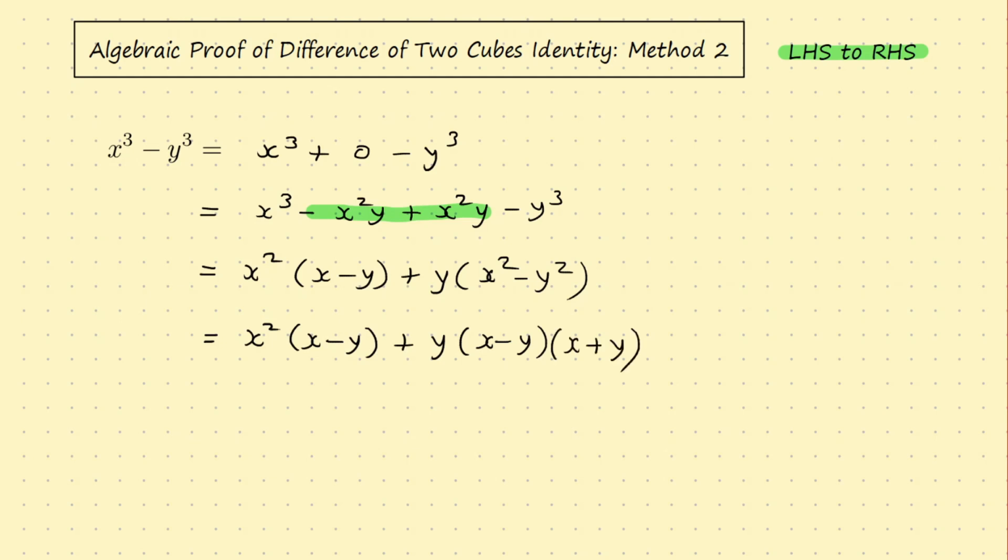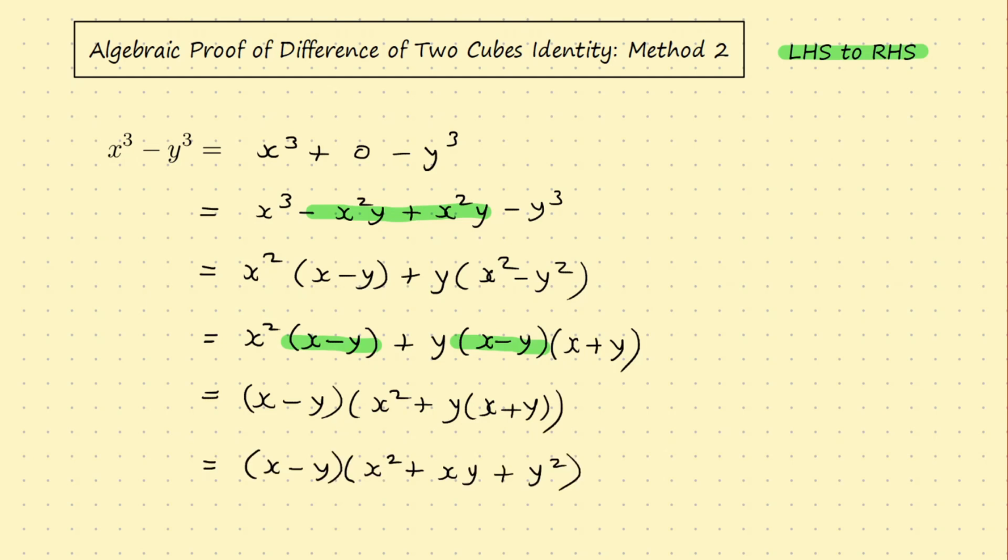And now we factorize out the common term x minus y to give us x minus y into x squared plus y into x plus y. And this expands into x minus y times x squared plus xy plus y squared as required.